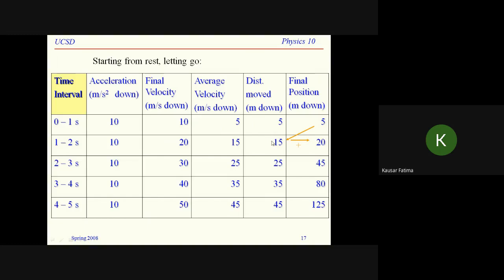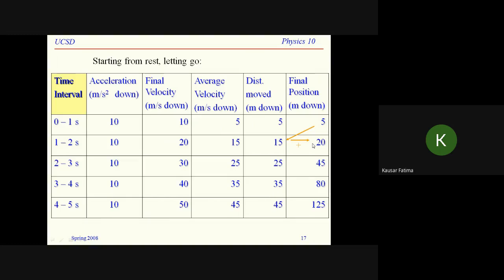In the first second it has covered 5 meters, in the next second 15. The totals go 25 minus 15 is 10, and the next second further 10, and then the next second further 10.